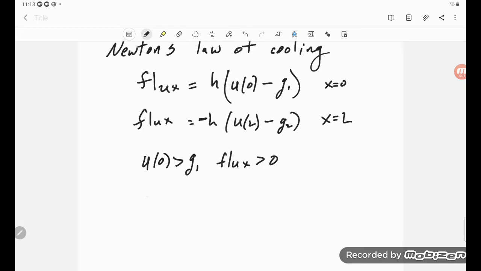And on the other hand, if u of L is greater than G2, then it would have the flux as less than 0. Okay, because of that negative there.